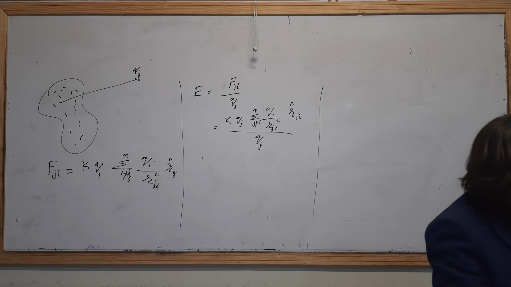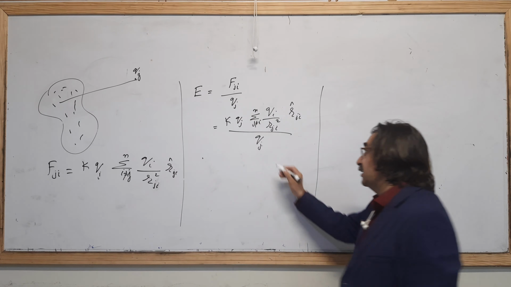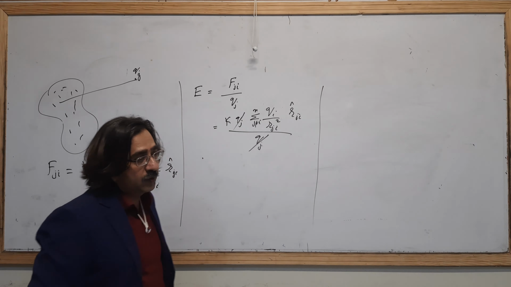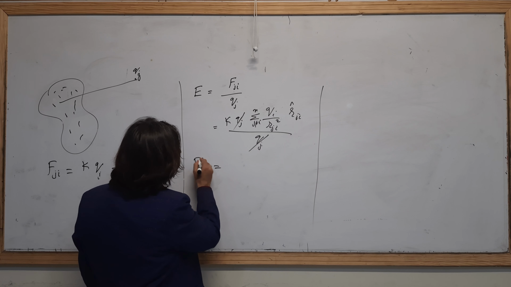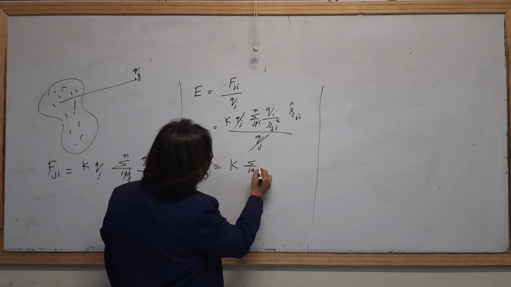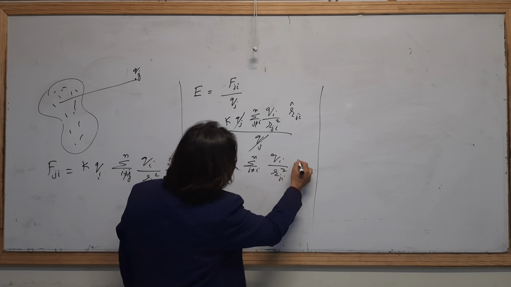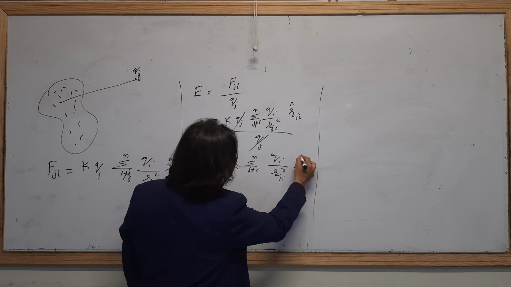It is not necessary that it is only the test charge. There may be any charge. But this will be cancelled out with this. So the electric field intensity E will be sum over i not equal to j to n of q_i over r_ji squared times the r_ji unit vector.